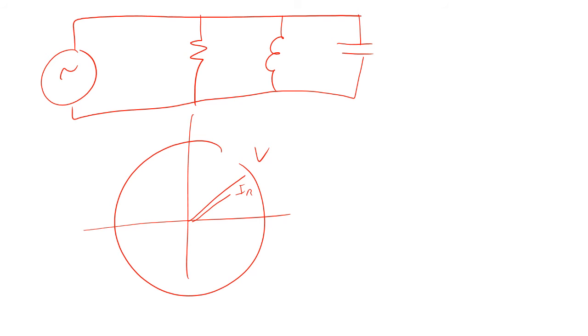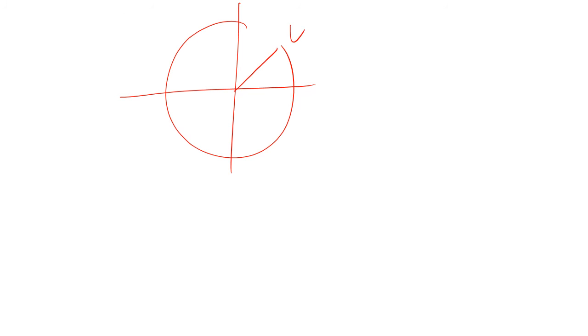And so Eli: IL is lagging, or for the capacitor, IC is leading. So the current leads in the capacitor. So we've got the voltage the same for everything. We have IR, and here we have IL minus IC, okay?